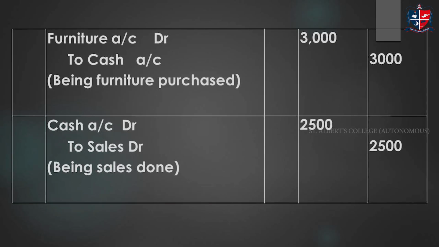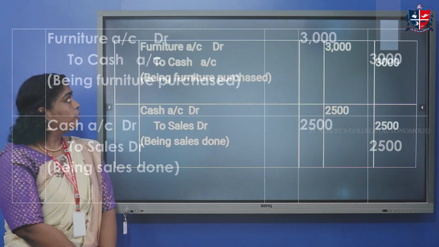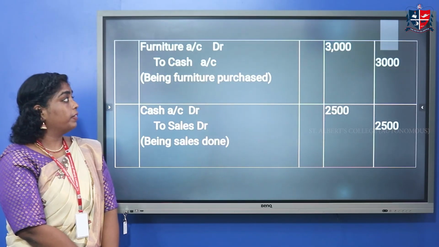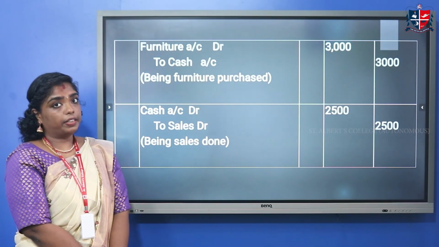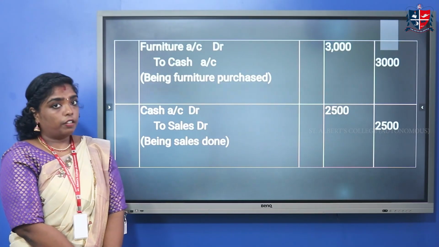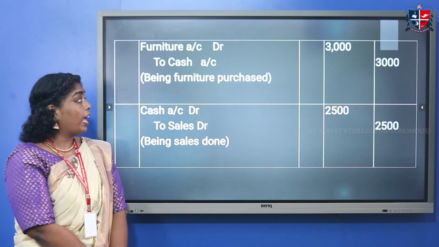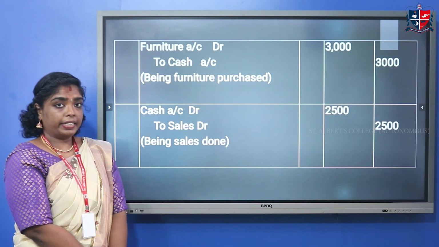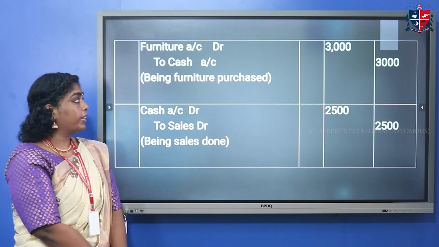And the fourth one is furniture was purchased for rupees 3,000. Furniture is an asset, so furniture account debtor rupees 3,000 to cash account rupees 3,000. Assets should be debited. And when assets decrease, here cash is decreased. By paying cash, furniture is bought. So cash is decreased, so it should be credited.